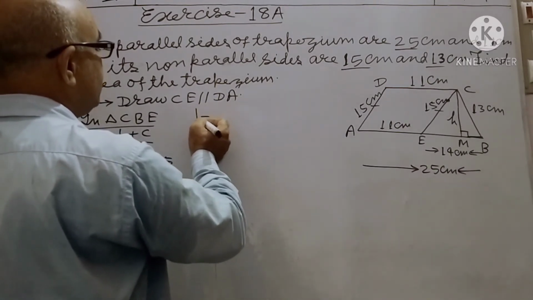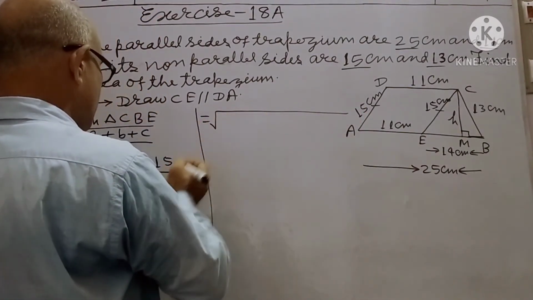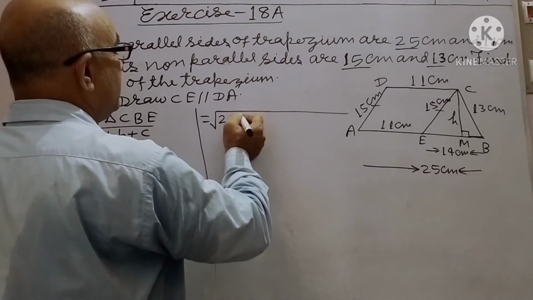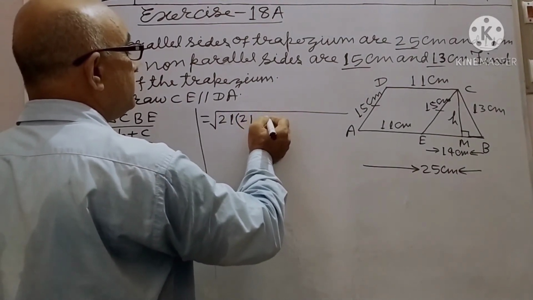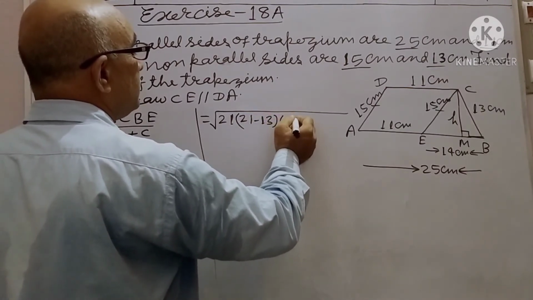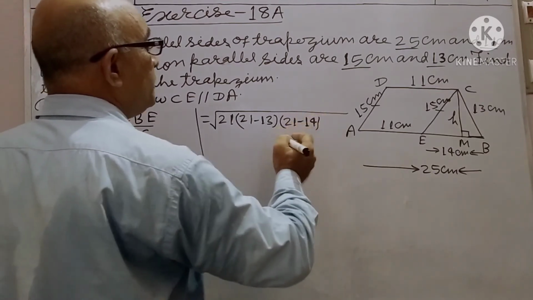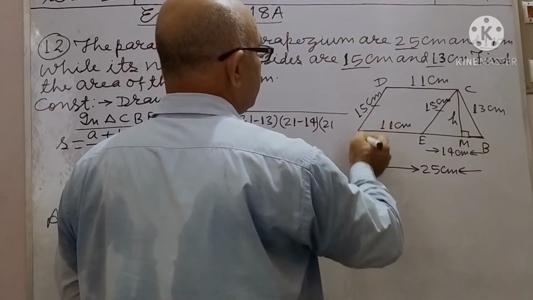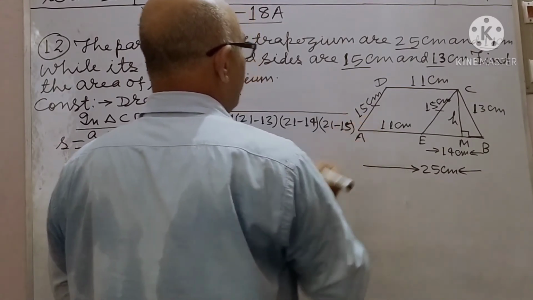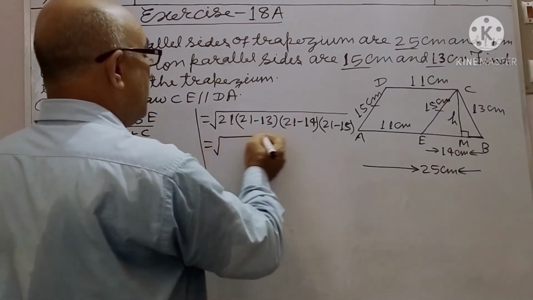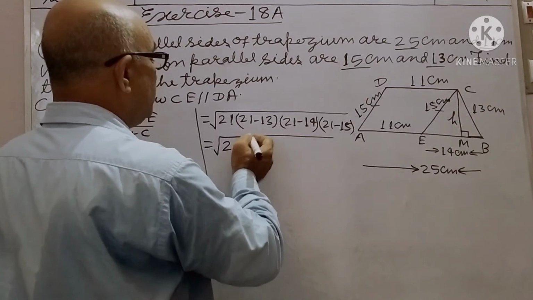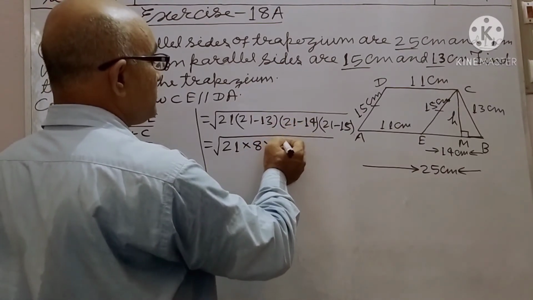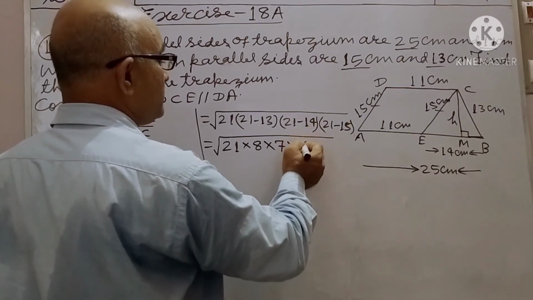Right here, under root s is 21 into 21 minus 13, 21 minus 14, into 21 minus 15, equals under root 21 into 21 minus 13, 8, 21 minus 14, 7, 21 minus 15, 6.